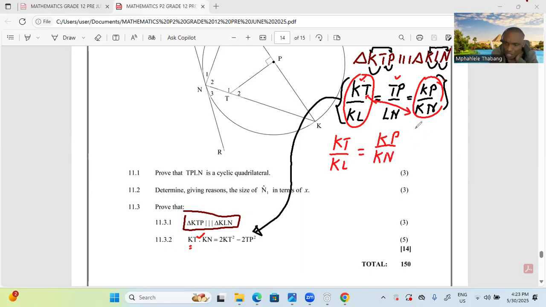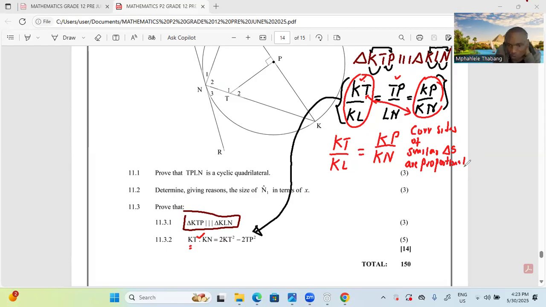What is the reason? The corresponding sides of similar triangles are proportional. So that is why we say KT over KL equals KP over KN.